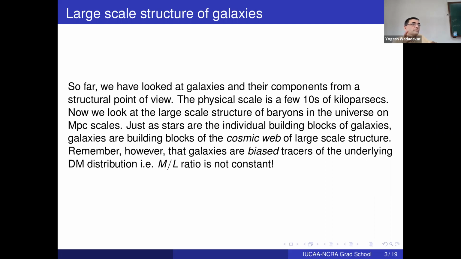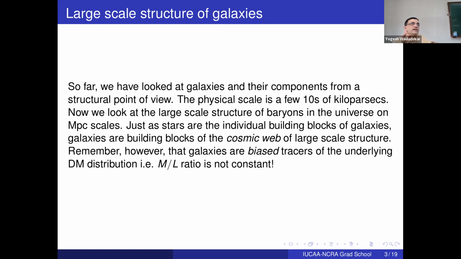You need to do that because, remember, when you do these numerical simulations, cosmological simulations of dark matter, you get the cosmic web, but you don't know where the galaxies are. And while comparing simulations to actual galaxy distributions in three-dimensional space, you have to account for this galaxy bias.